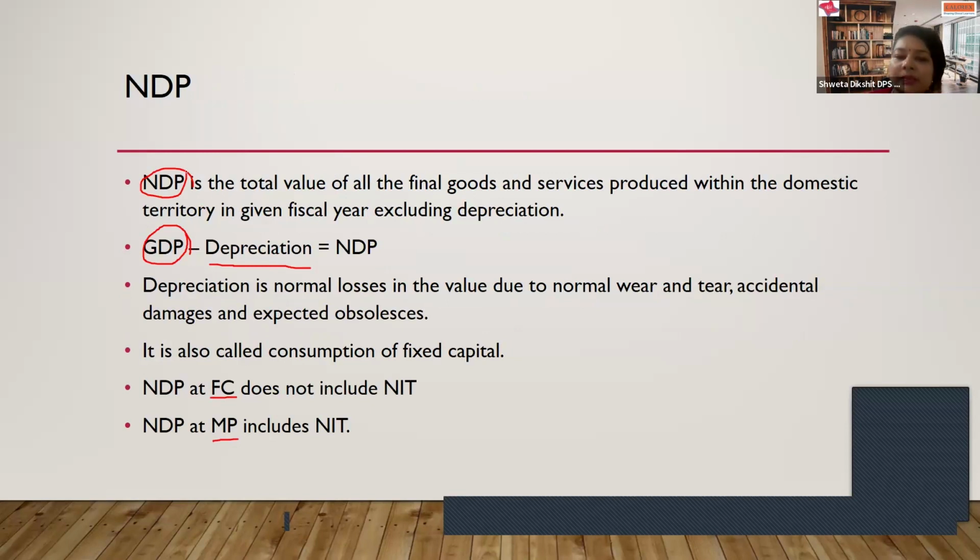Children generally commit this mistake of calculating GDP for domestic income. Whereas when you are talking about NDP, you are actually talking about domestic income. And NDP at FC is the purest domestic income. So you need to talk about NDP at FC when you're talking about domestic income.